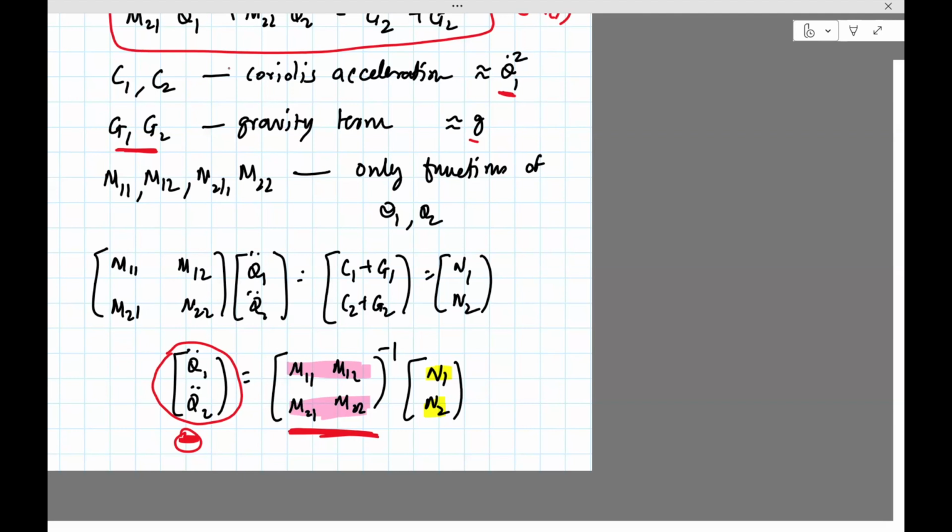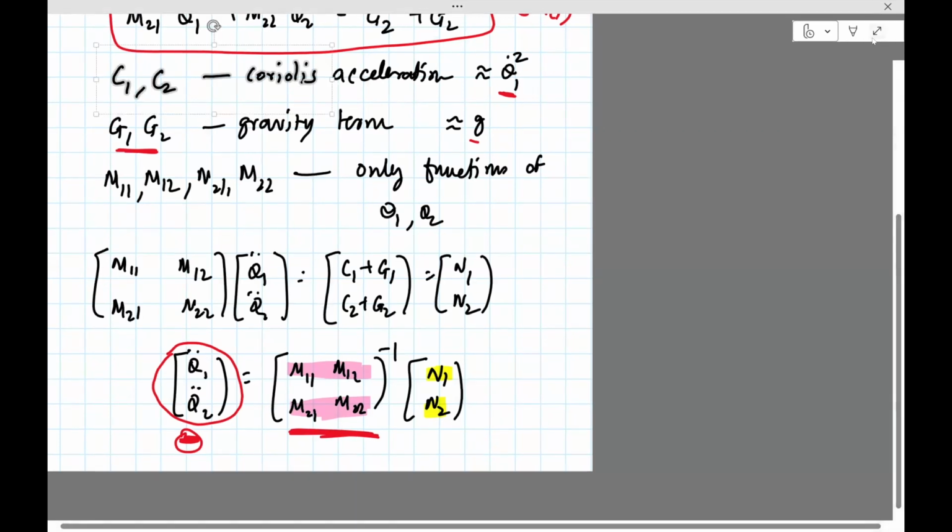But if you keep it as a symbolic value and numerically take the inverse, that is, you populate the values of the terms in the mass matrix and you get a 2 cross 2 number, it's much easier to compute the inverse. So let me show that to you.